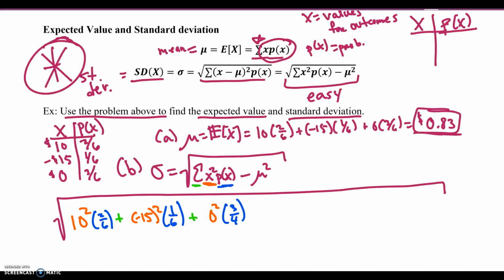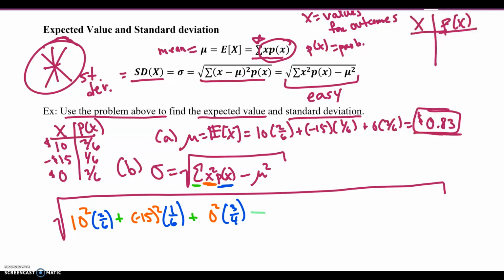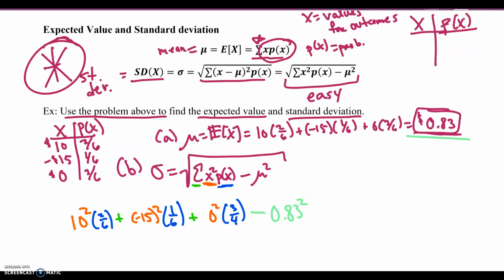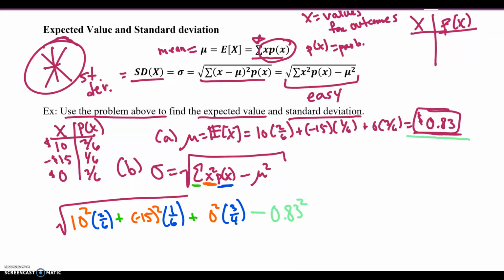The last thing is to take the mean that I found in the previous problem, minus the mean, which is mu, 0.83, and square it. That should give me the standard deviation. You can write sigma or SD of X, it doesn't really matter. Now I'm going to plug all of this into my calculator.